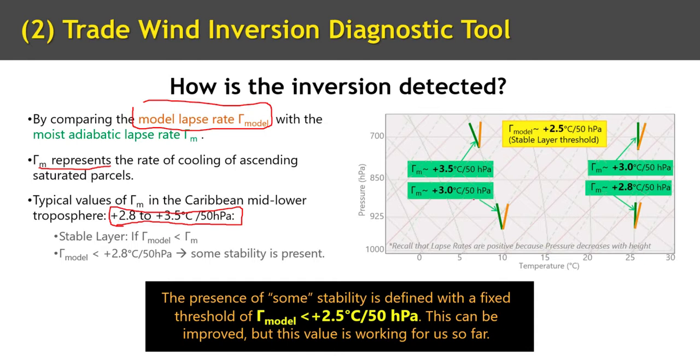The inversion is detected by comparing these lapse rates, and we came up with a value that is generally representative: whenever you see less than 2.5 degrees every 50 hectopascals, then you might have an inversion.